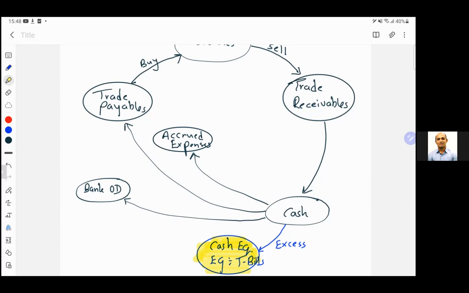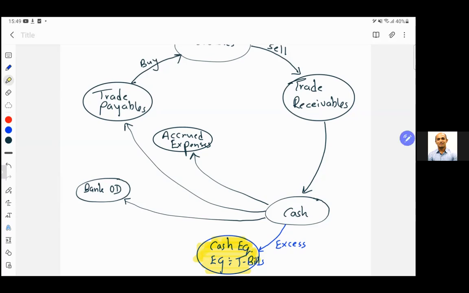Then you can't realize this investment, because this is a security you have kept when you borrow money. Then this cash equivalent you cannot realize. You cannot convert it to cash to pay your day-to-day expenses. So you should identify such situations in your company.